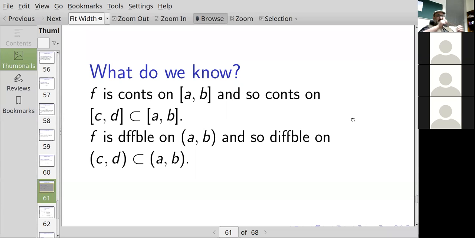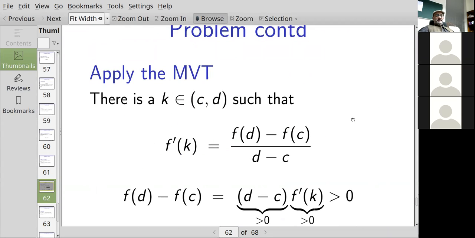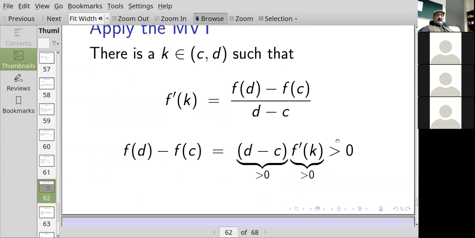So we take some interior points c and d between a and b, with d being bigger than c. Now we apply the mean value theorem. So there's a point k between c and d such that F prime of k is equal to F of d minus F of c over d minus c. Perhaps I shouldn't have used c here because I'm using it in a different sense elsewhere. Okay.